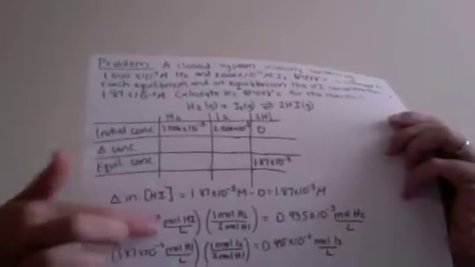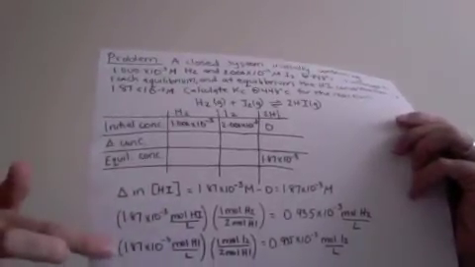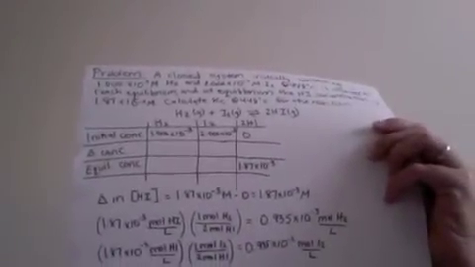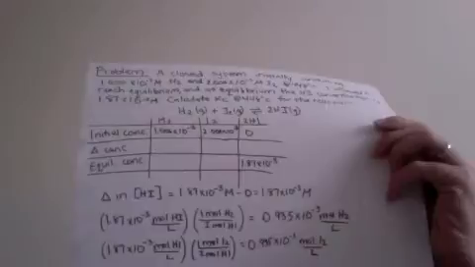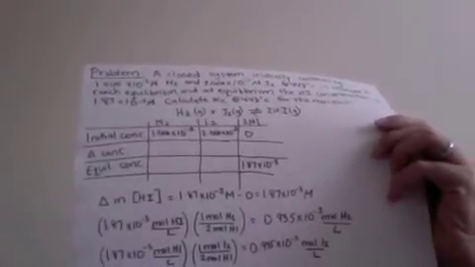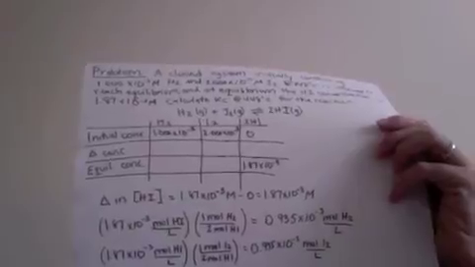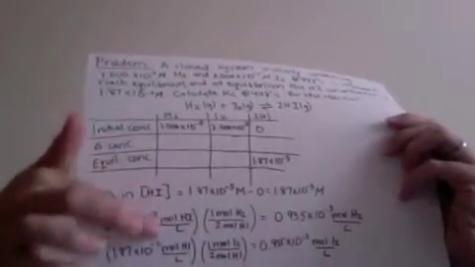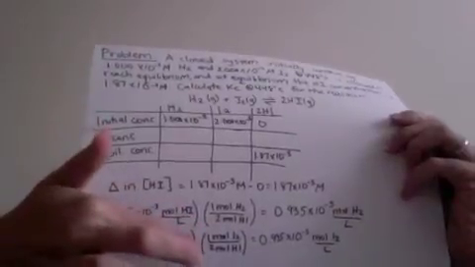Let's do the exact same thing for I2. If we start with our change in HI concentration, which is 1.87 times 10 to the negative 3 moles of HI per liter, from our balanced chemical equation above, we see that the mole ratio between I2 and HI is 1 to 2. So we're going to apply that mole ratio over here.